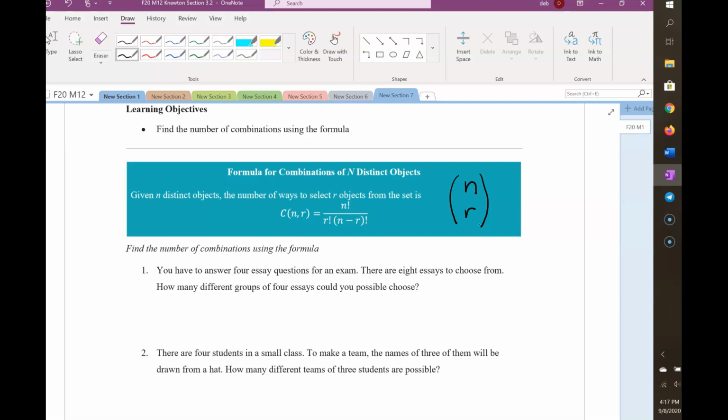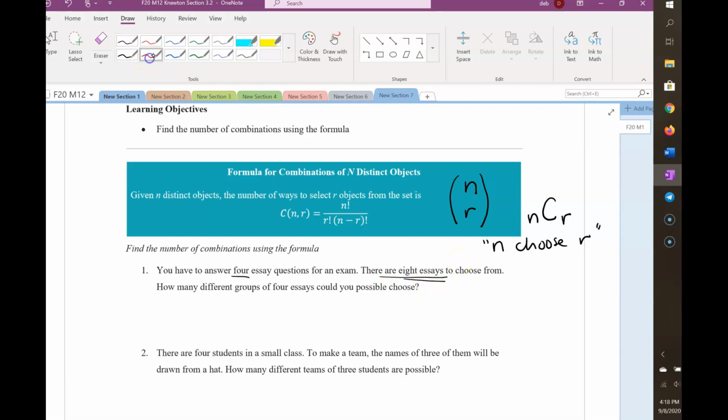Okay, so you can read this. You also see it notated N subscript capital C subscript R. So you can read this as N choose R. This is a good example, this first one here: if you have to answer 4 essay questions, and there are 8 essays to choose from.